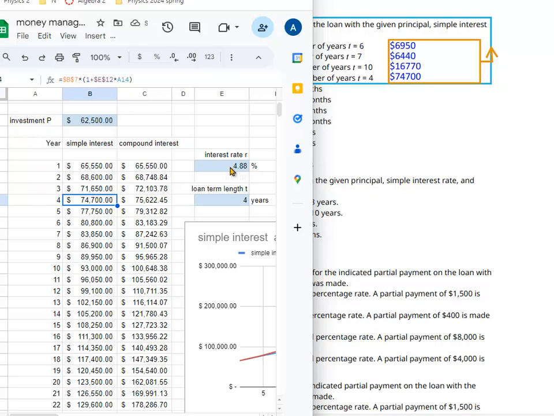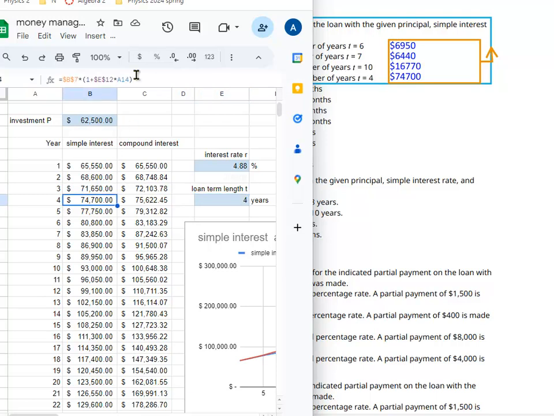So in this spreadsheet, I just put the percentage in, but this one here is a little bit hidden. That's where I divide by 100, because my percentage has to become a decimal. And this is 4 years here.